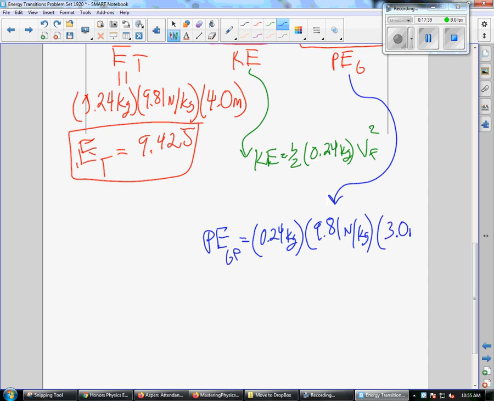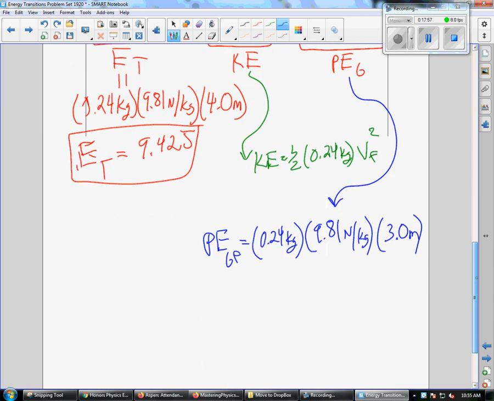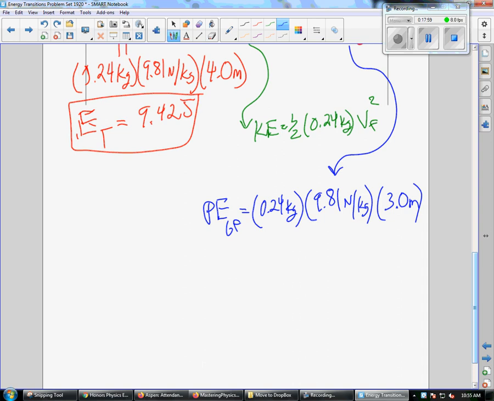Why do you keep adding that in? The 9.81? Because one of the rules of algebra is for each variable I need to put in its value. So m stands for mass, little g stands for gravitational field strength. So here I get 7.06 joules.